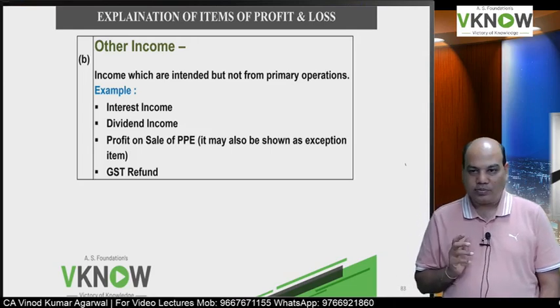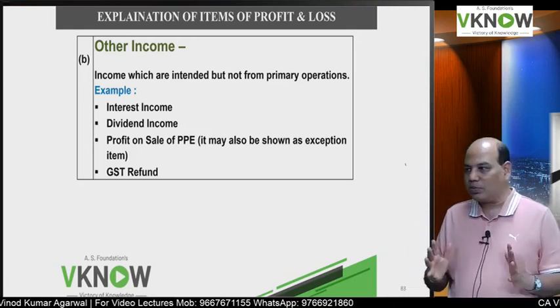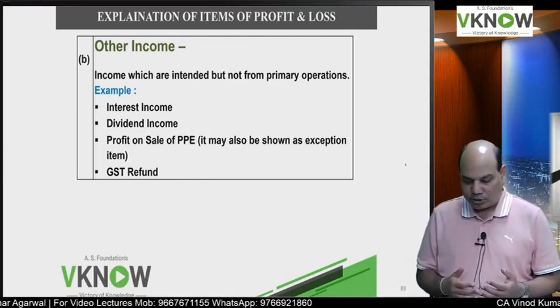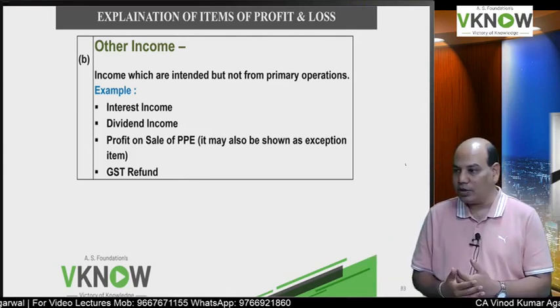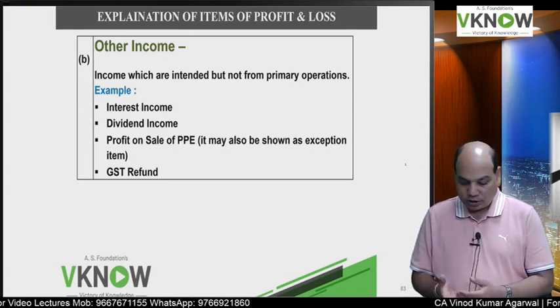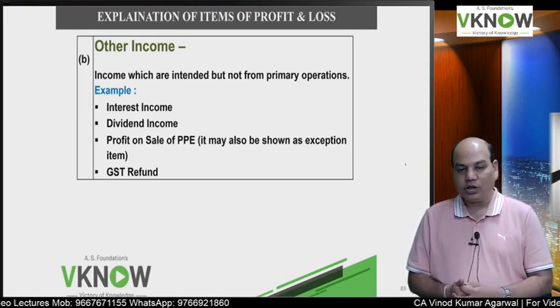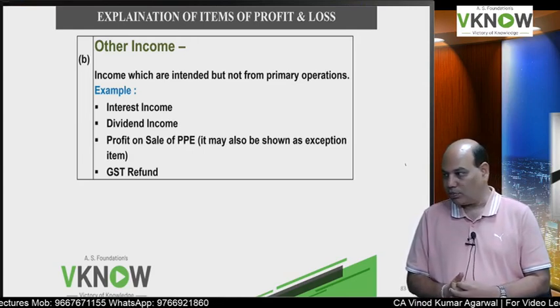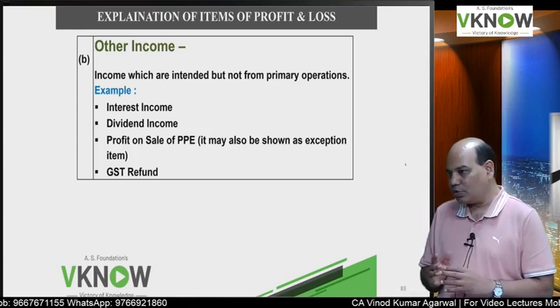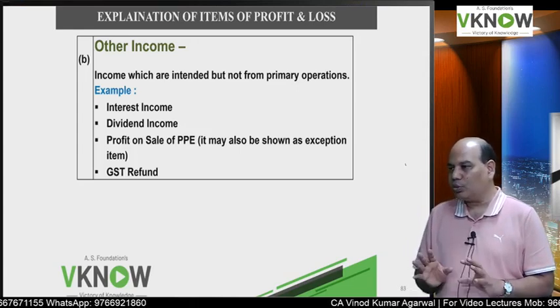So dividend income, because companies invest their surplus money in shares, mutual funds, bonds, FD, other corporate bonds and debentures. So that will come. Then profit or loss on sale of PP, that you can also put under exceptional item, but don't put it at both places.